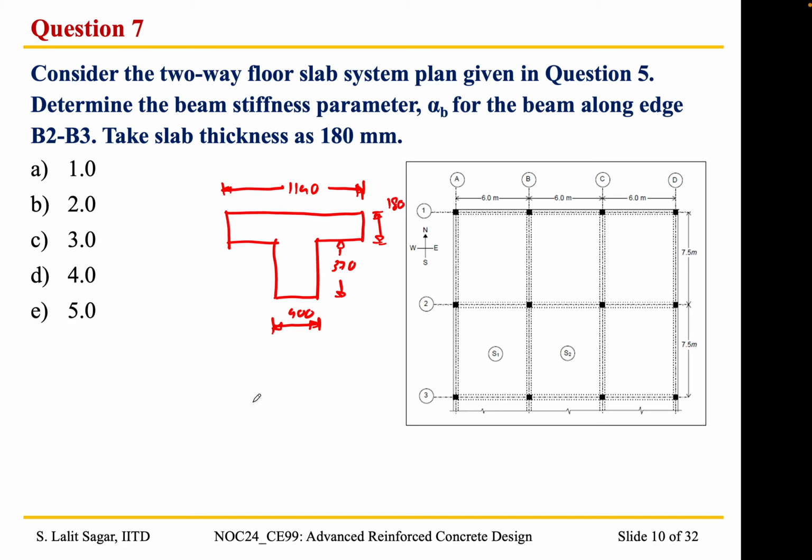I'll draw the slab also here so that we can straight away go for the calculations. So this is just a discontinuity symbol to show that the length is much higher when compared to the thickness.